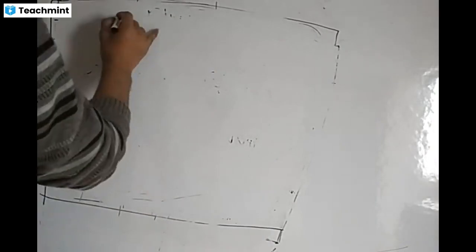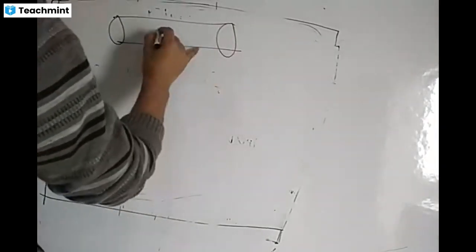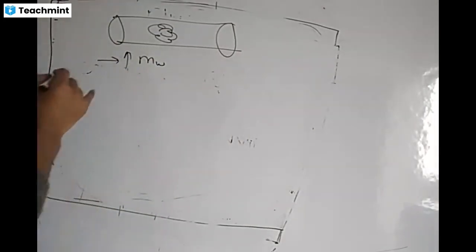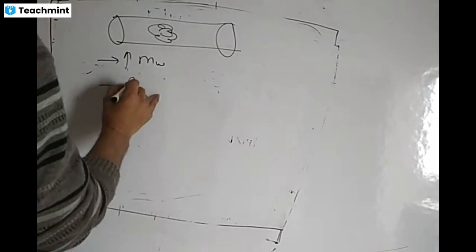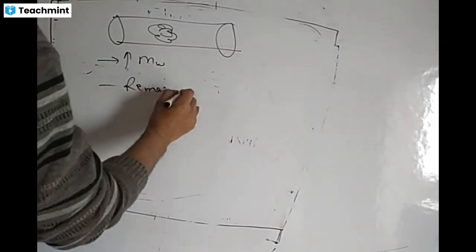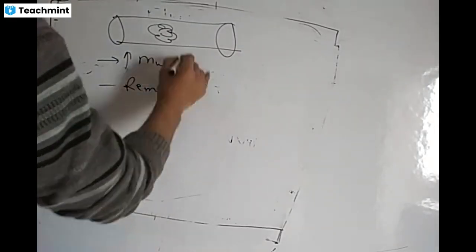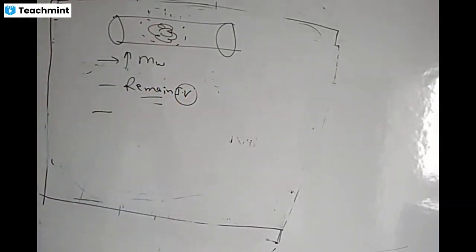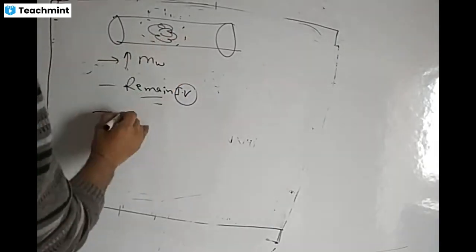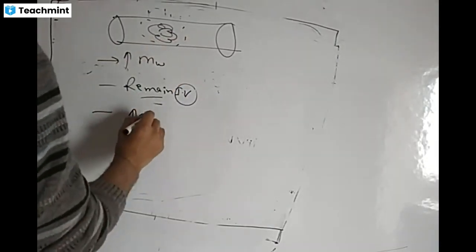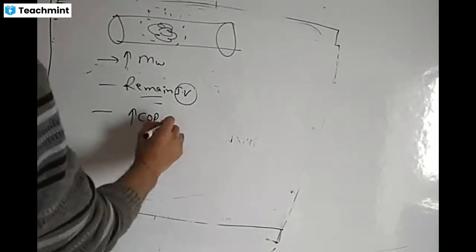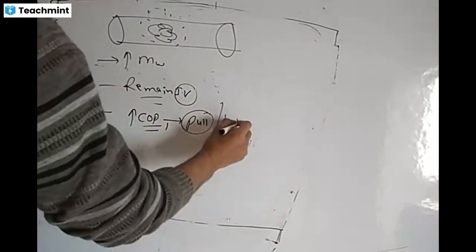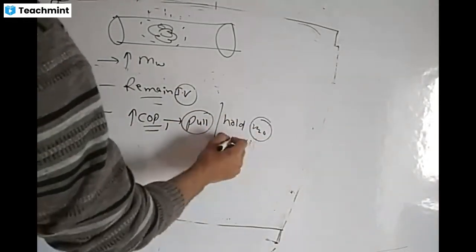So if we look at the properties of colloids, they are high molecular weight substances. They remain within the intravascular compartment because of their large size, and they increase colloid osmotic pressure. Because of this, they hold water with them.